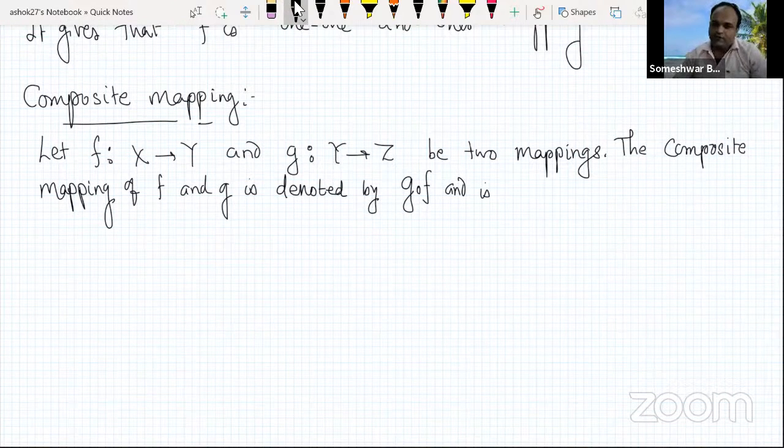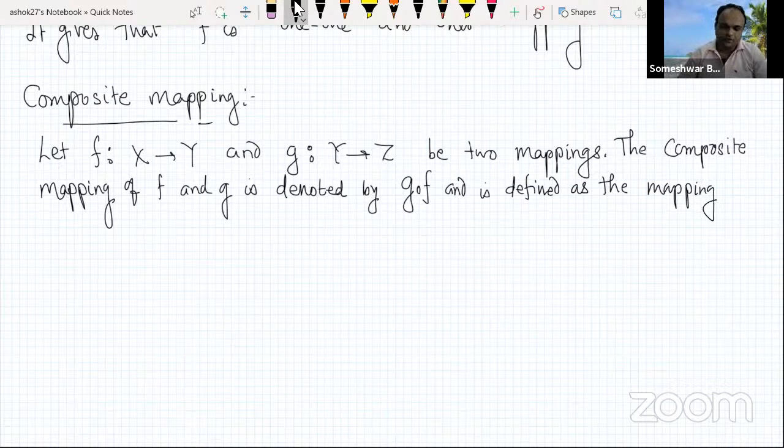G of F is defined as the mapping from X to Z. F is from X to Y, G is from Y to Z. Then G of F, that is composition of F and G, is a mapping from X to Z. So Y is common to these mappings.